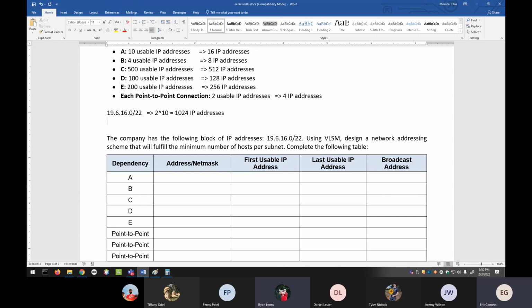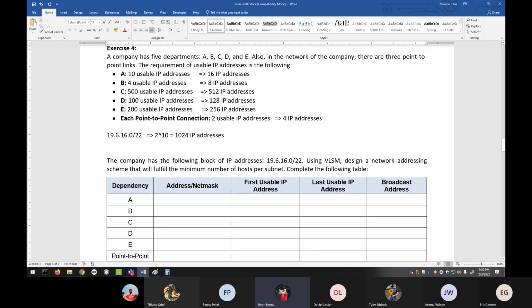How much do I need? Let's count them. 16 for A, plus 8 for B, plus 512 for C, plus 128 for D, plus 256 for E, plus 4, plus 4, plus 4, because we have 3 point-to-point.